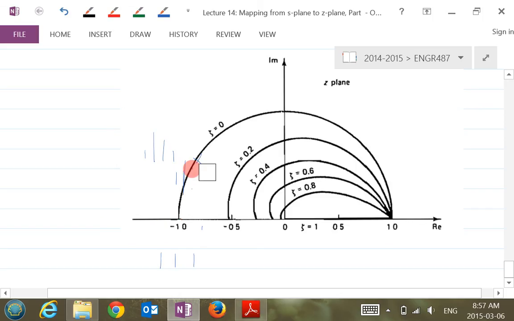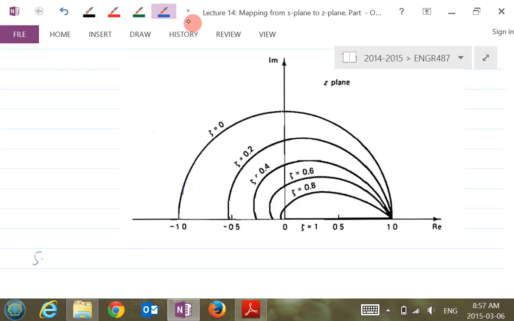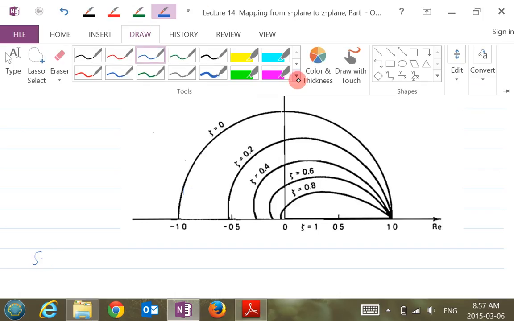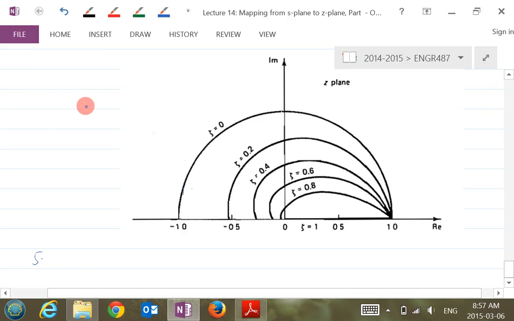So let's keep looking at one more mapping here, so we'll be able to put a whole picture together. This is actually the last one: the mapping of constant natural frequency.